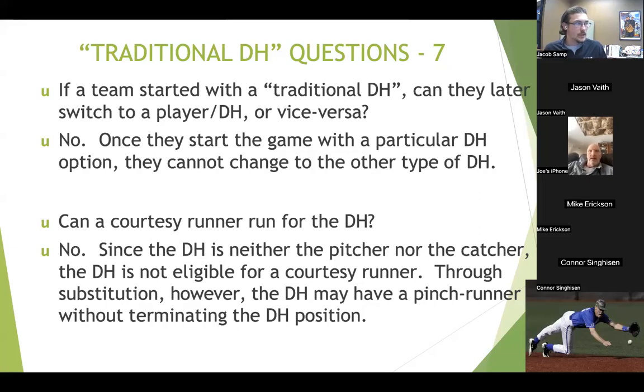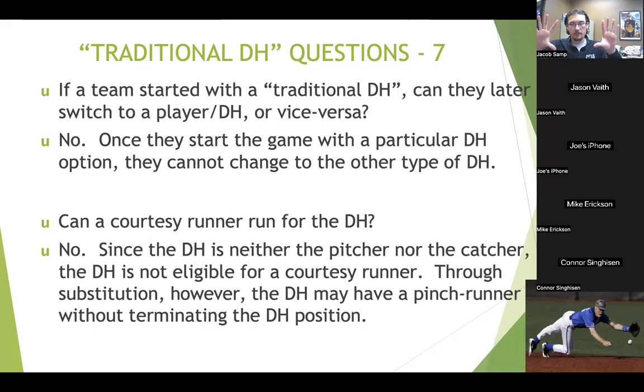The problem that I see most umpires running into is you have Baker as your designated hitter, and he is the designated hitter for Smith, who is the catcher. Baker gets on base, and now they want to courtesy run for Baker. That is impermissible, because, as we're going to talk about in the player DH rule, you have 2 separate lineups.